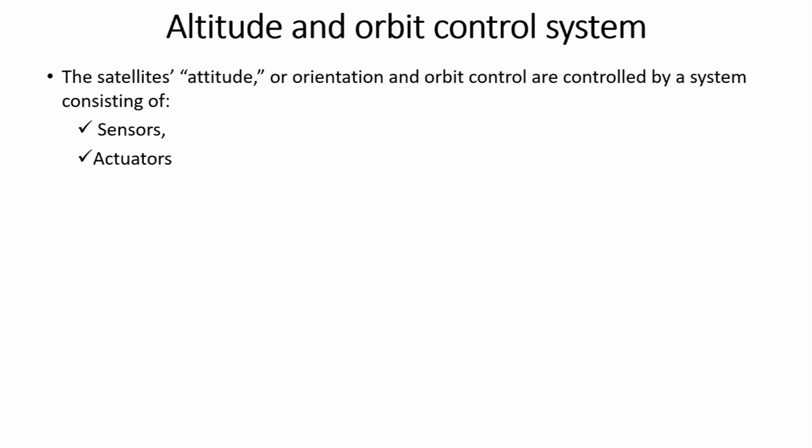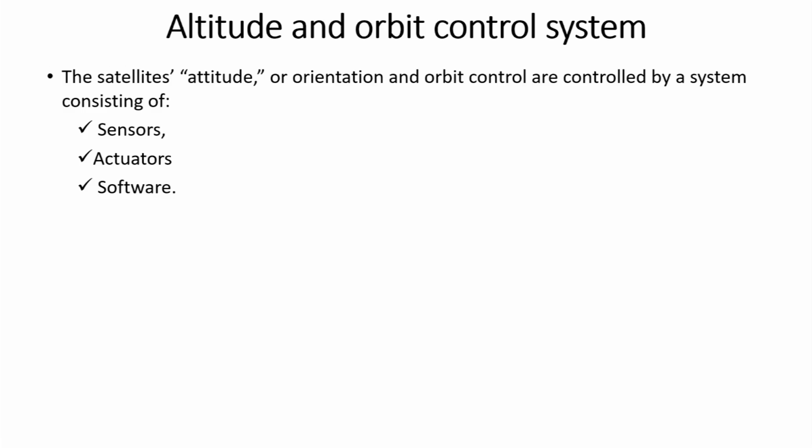Then actuators: whenever I know that the orientation has changed and I want to correct it, that is when the actuators are used. Then software is used, because the various control operations need to be performed using proper software.